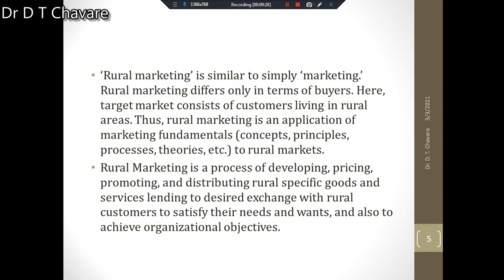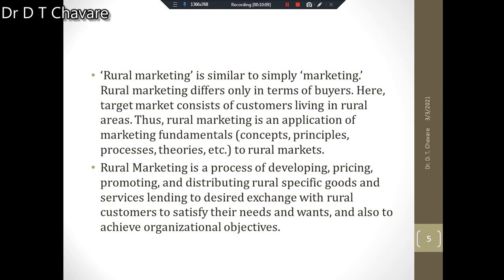Then rural marketing is a process of developing, pricing, promoting and distributing rural specific goods and services, leading to desired exchange with rural customers to satisfy their needs and wants, and also to achieve organizational objectives. Try to understand. It means that rural marketing is nothing but a process of developing 4 P's. Again, I am going to repeat: pricing, promoting, distributing and producing.